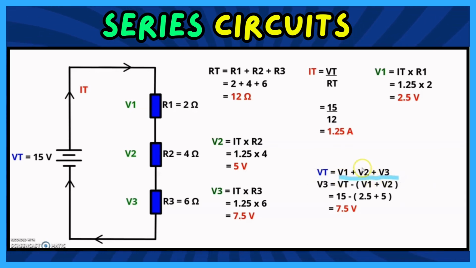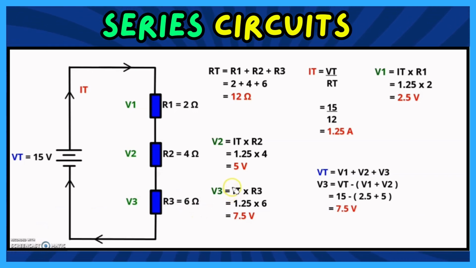Because we want to calculate V3, it needs to be the subject of my formula, which equals V total minus the sum of the two voltages, V1 plus V2. That is 15 minus 2.5 plus 5, which gives me a voltage drop of 7.5 volt, which is also the voltage drop over my third resistor.